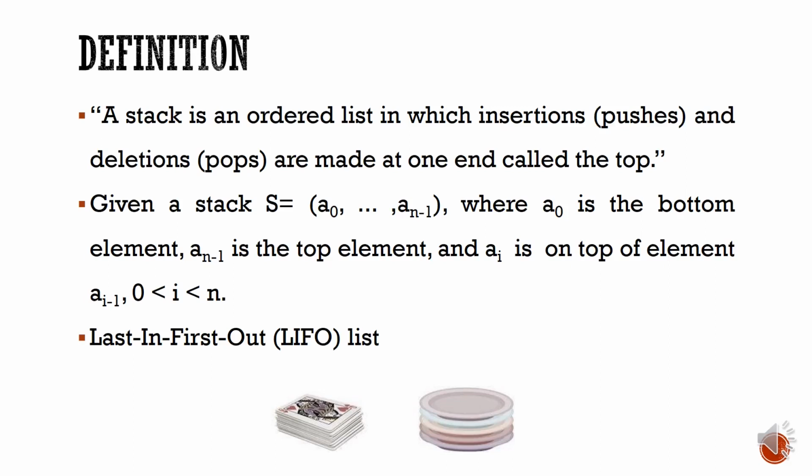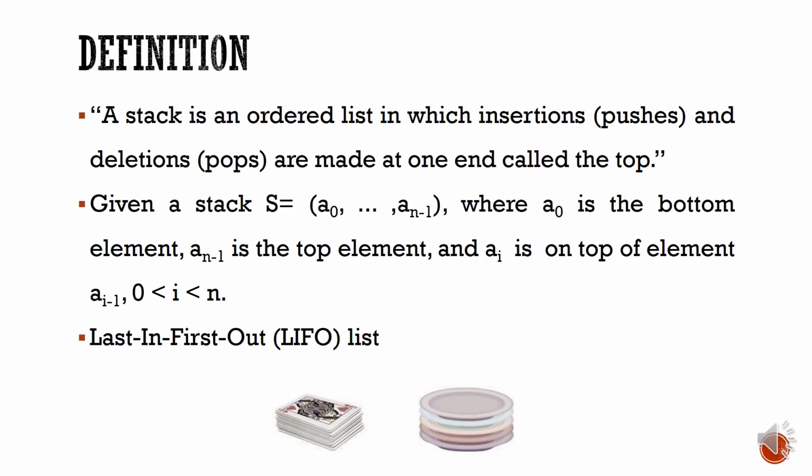If we go for representing the stack, let the stack be S, which will have some n elements, say A0, A1, A2, A3, going up to An minus 1, wherein A0 is my bottommost element and An minus 1 is the top element. How are the elements placed?